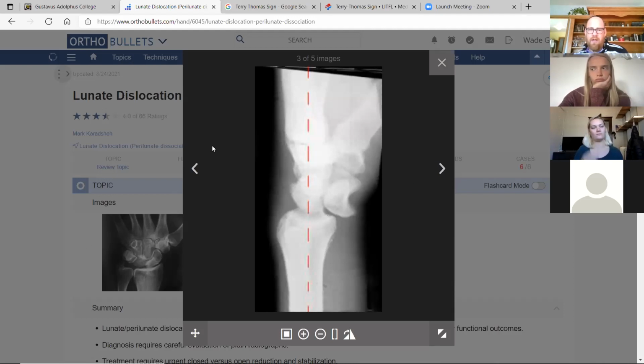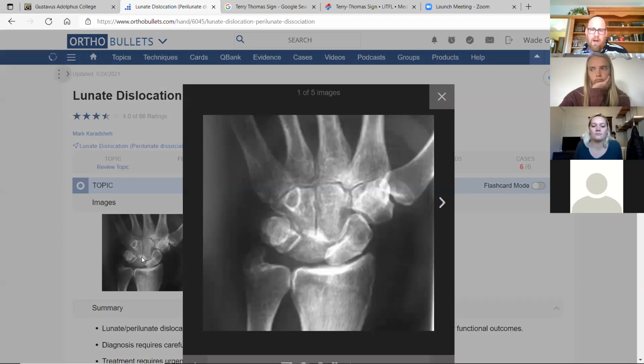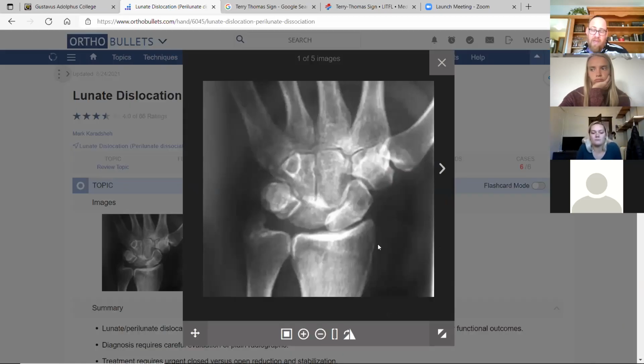Okay, here's another, and we'll move on to the next thing in a second, but just one more question for you guys. Why do you think it looks like the scapholunate interval has disappeared here? Like it's no longer there.